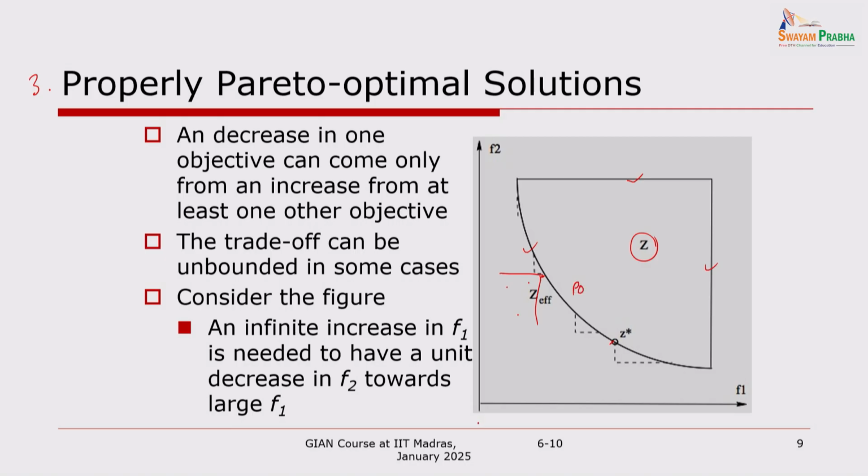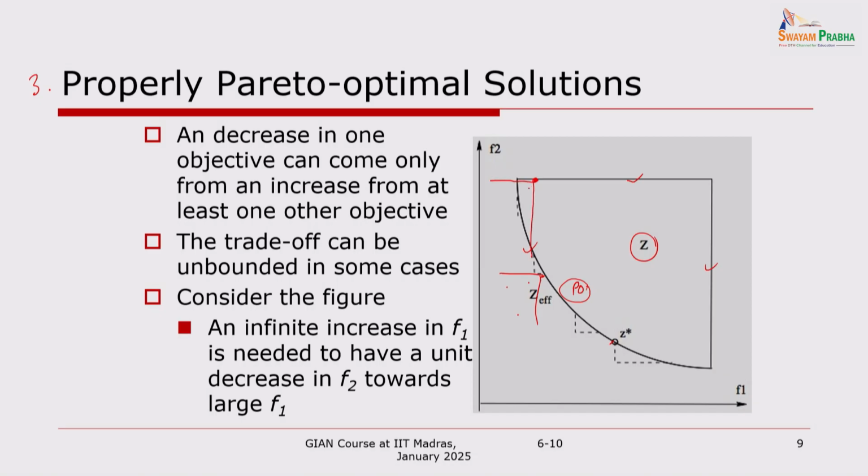How about weakly Pareto optimal? Which part? No, there is no weakly. I said the Pareto optimal set is by default weakly Pareto optimal, right? The definition says that, but there could be some additional stuff. But is there any additional stuff here? If you are confused about whether this point is weakly or not, let's draw the third quadrant.